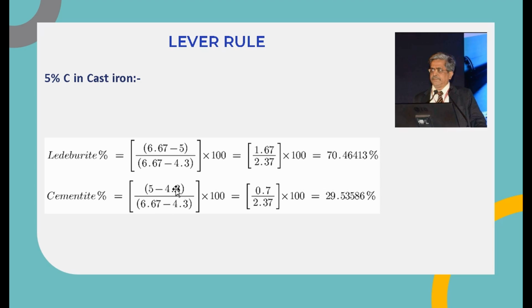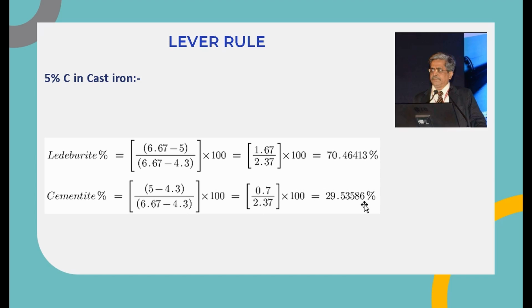Because at 4.3 we have ledeburite, at 6.67 we have cementite. For cementite percentage, 5 minus 4.3, that is the branch opposite to cementite touching ledeburite. So 5 minus 4.3 divided by the total distance, into 100, is the percentage.